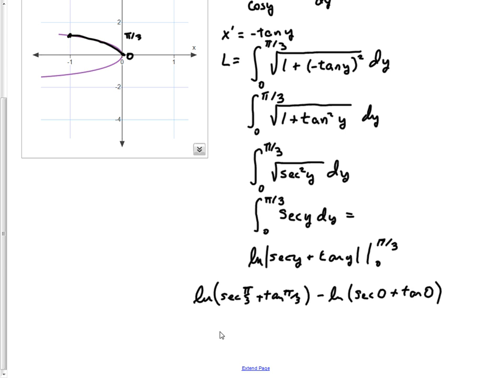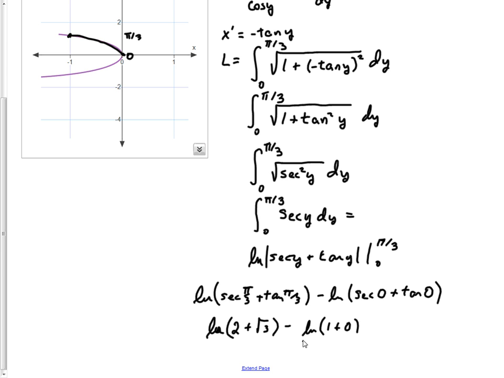Alright, so we think back for a moment into our trig world, and we would recognize that we're actually taking the natural log of the secant of pi over 3, which is 2, plus the tangent of pi over 3, which is square root of 3, minus our natural logarithm of the secant of 0, which is 1, plus the tangent of 0, which is 0.